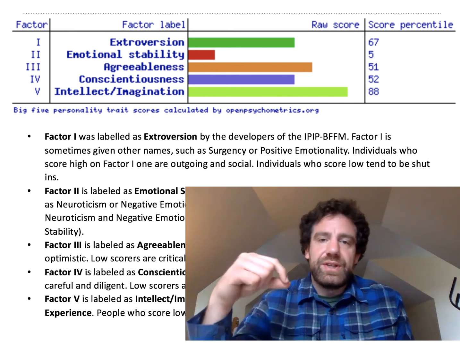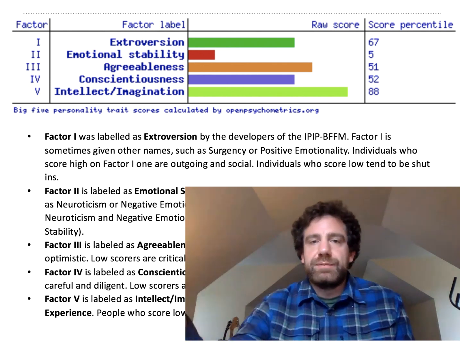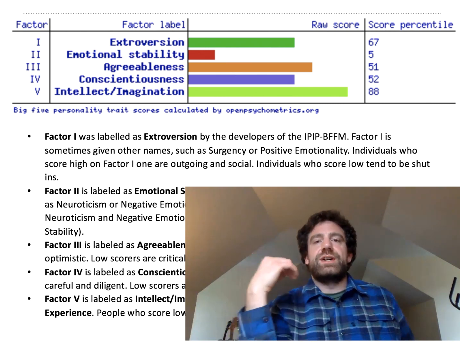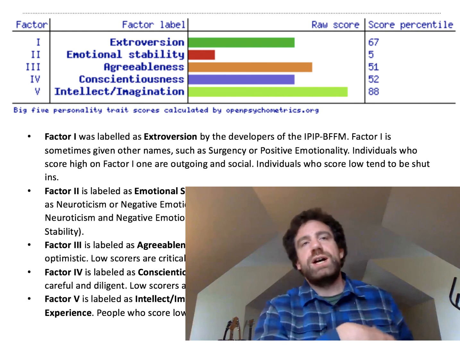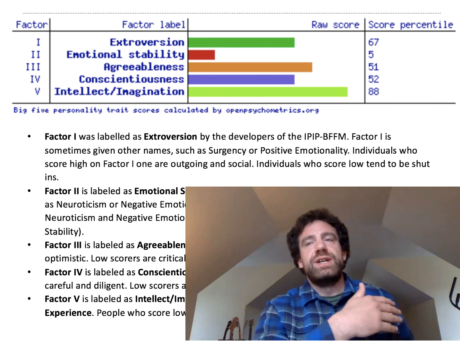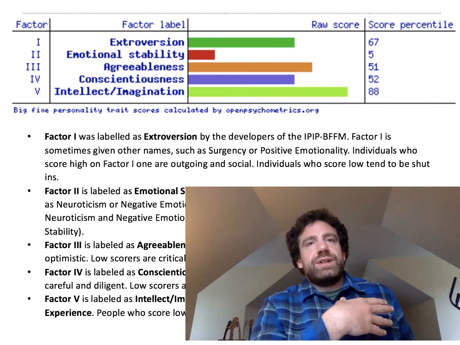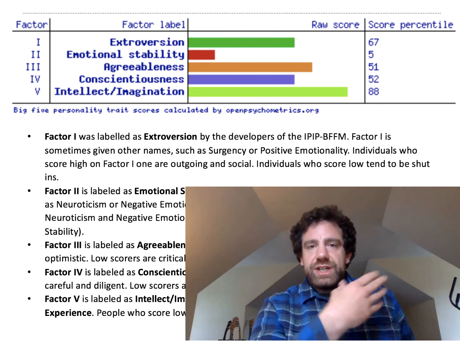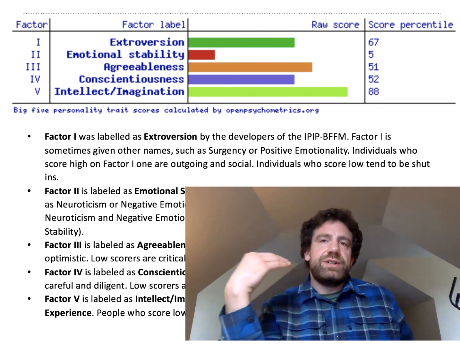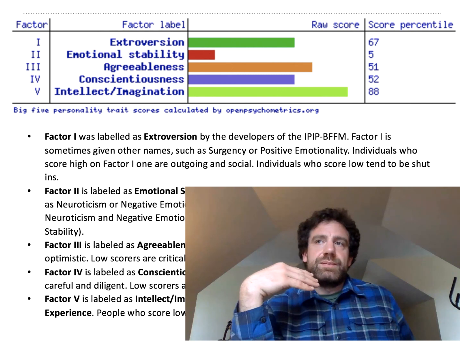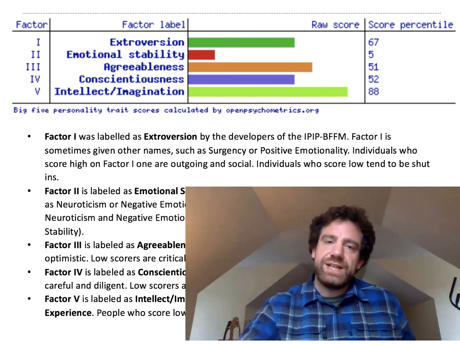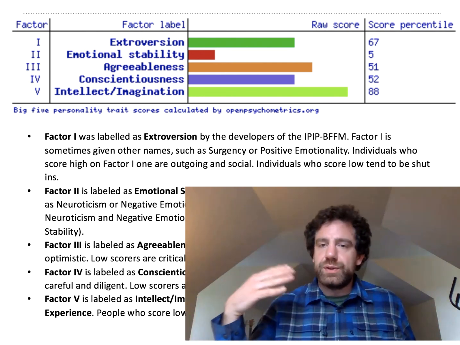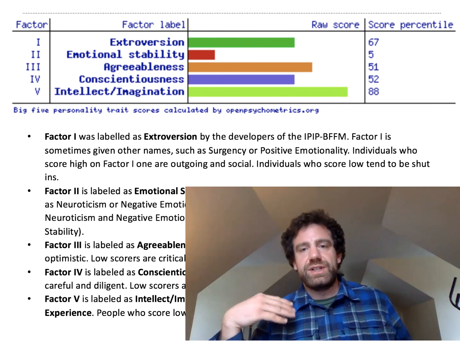You have this level of extroversion, this level of emotional stability. There are other tests online that function in a somewhat similar way. I think I've seen one where you take the test and it tells you which dictator you're like, or which actor you're like. You take the test, it tells you something about your personality that supposedly you didn't know.